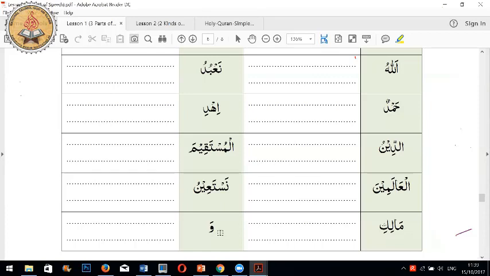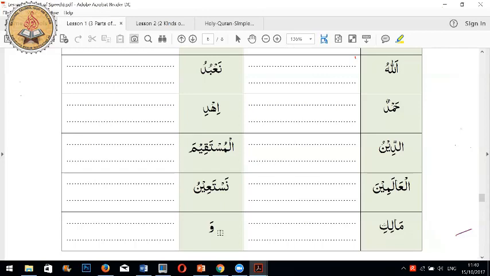But say "and." Just know the meaning, and based on the information in your mind, you will classify that wa is a particle, not a noun, not a verb. Because without attaching to a noun or a verb, it has no meaning. It is of no use. If I say "and," it means that something is behind and something is coming after.